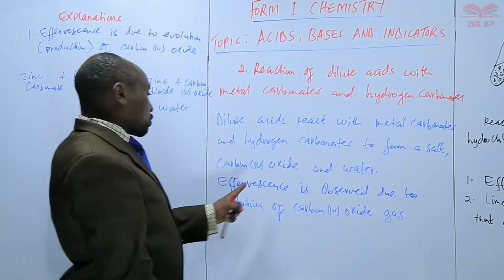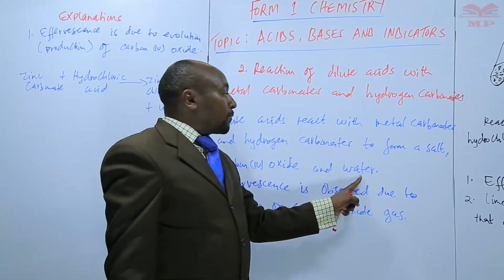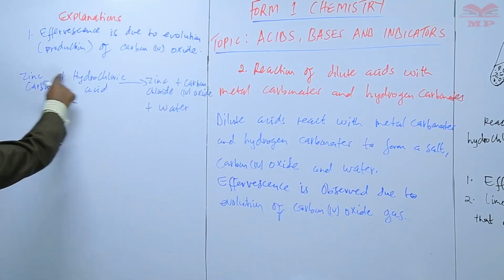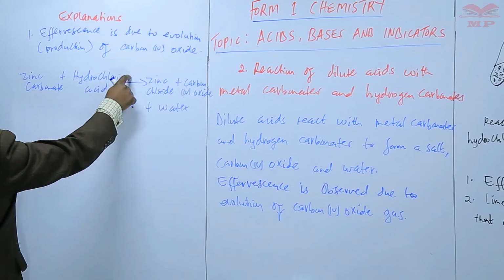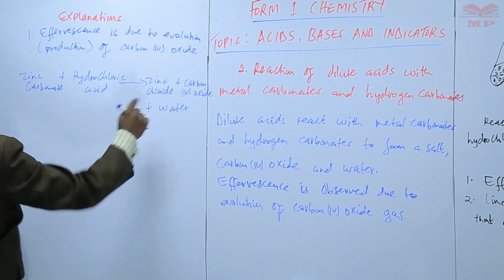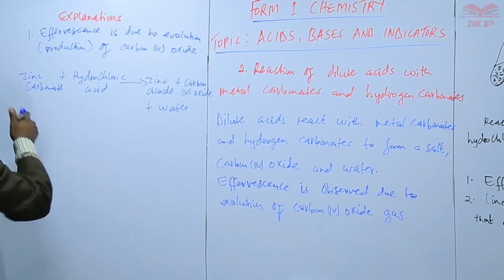This is what we have mentioned. We form a salt, carbon 4 oxide, and water. So the salt is zinc chloride because it's zinc, then hydrochloric acid, zinc chloride. Carbon 4 oxide from the carbonate, and then water. So that is why there is effervescence.